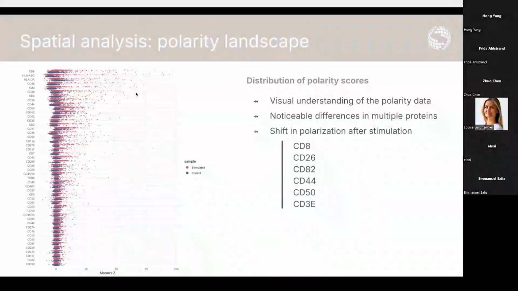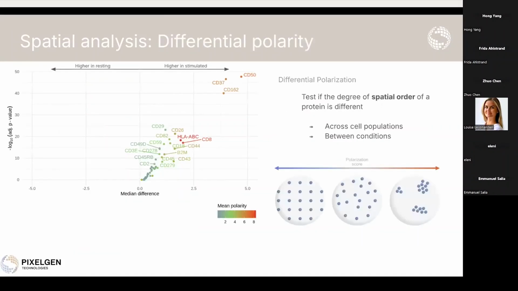For example, the CD8 receptor appears to be more polarized in stimulated cells. Then we have other proteins that are also showing a clear difference between the two conditions. But let's go on and formally test for this and perform differential polarity analysis. So let's compare the polarity scores between the resting and the stimulated cells.